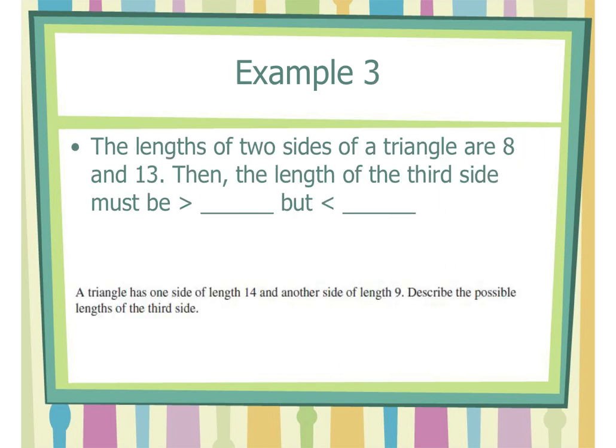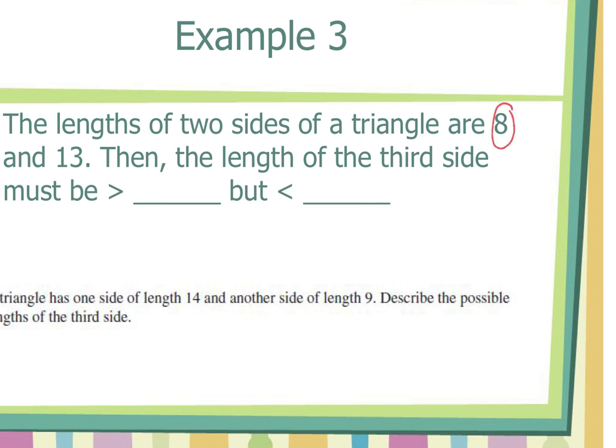Example 3. The lengths of two sides of a triangle are 8 and 13. Then the length of the third side must be greater than what, but less than what? Okay? This is how we do these kinds of problems. The first way I want you to set it up is think that 8 is the shortest side.